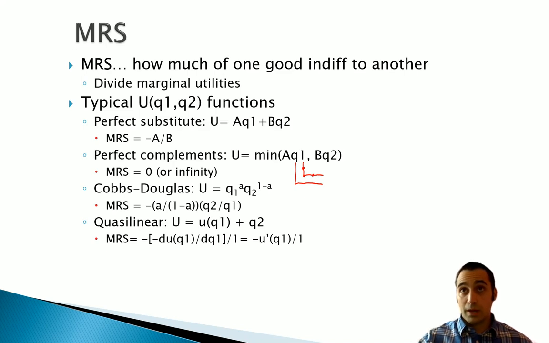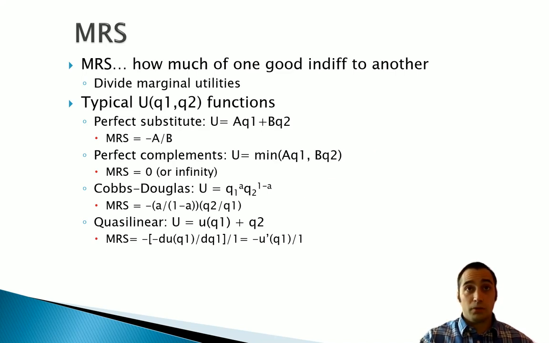So when we look at negative U1 over U2, we're going to have division by 0. That means our MRS will tend towards infinity. Similarly, if we're over here, our marginal utility with respect to good 1 is 0. So we're going to have 0 over B, which is 0. And if you're at the vertex, at that point, you get 0 marginal utility for both. Your MRS there is not going to be defined. It's not a good place to be.